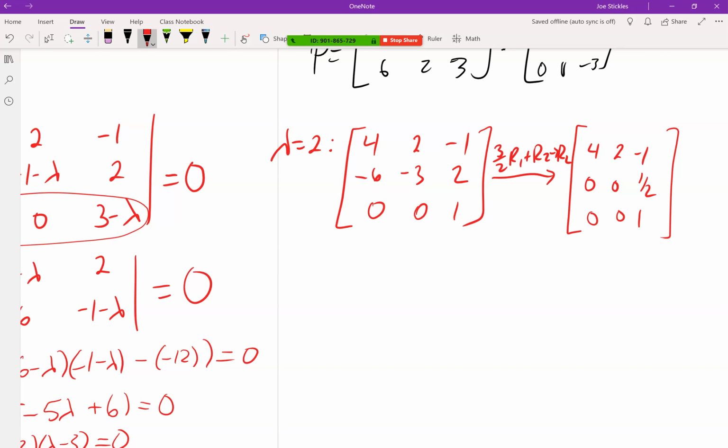I appreciate that. Okay, so now, to finish this off, I would need to do a 1/4. This is why typically I use the calculator at this point. 1/4 row 1, replace row 1. And then I would also need to do a couple more. I'm going to do a bunch of them at once. I would swap row 2 and row 3.